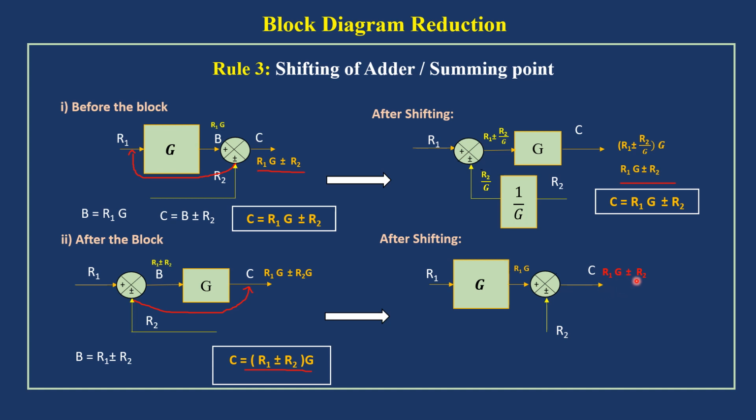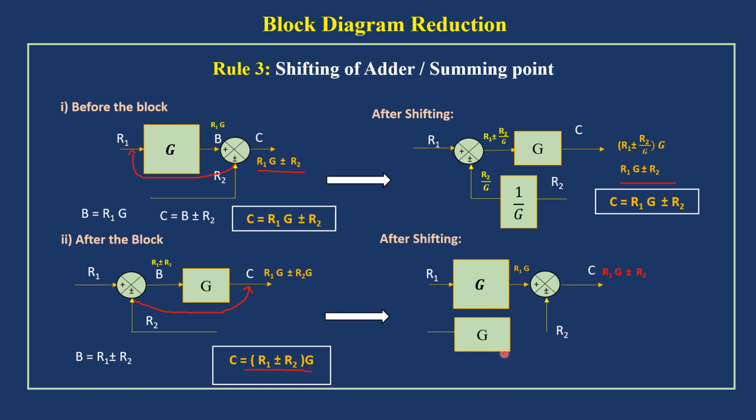So now compare this output and this output. This is different. So this is wrong. We didn't get the same output. So to get the same output, we should include some other thing. Here we should get R1 plus or minus R2, into G. So now we can include the gain. Okay, we can include the G block.